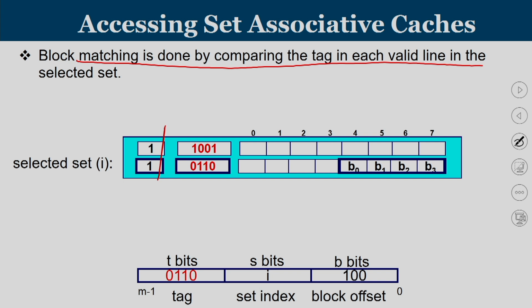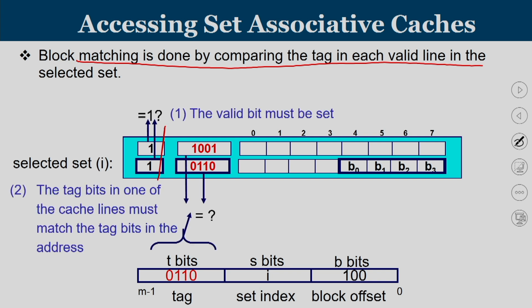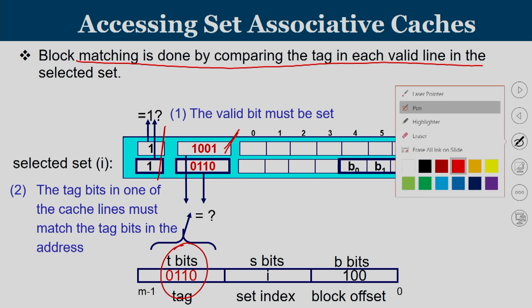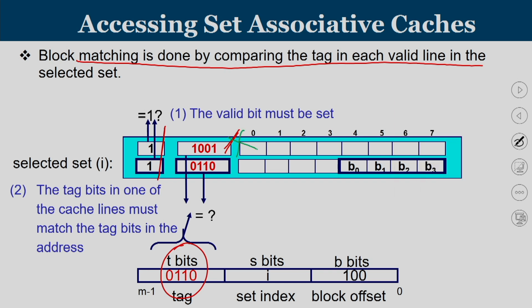Here both the blocks are valid, and let us say the tag coming from the address is 0110. The tag of one block of this selected set is 1001. That means it is not matching, whereas the tag in the second line is matching.